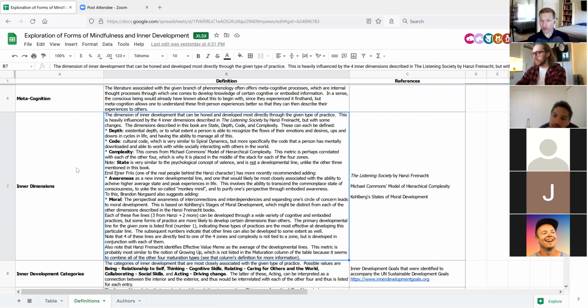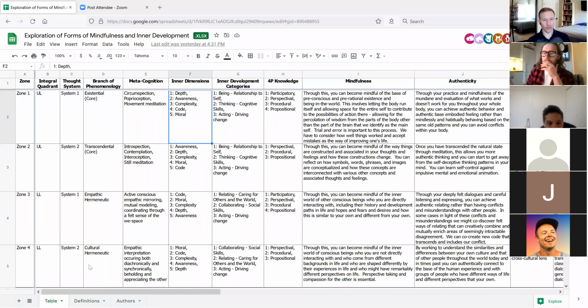Up until just a couple of weeks ago, I had complexity as the dimension associated with this fourth row, because I figured if you're going to understand culture at a deeper level, you're going to try to understand the goings on of different ideas and histories, and mutations of consciousness.